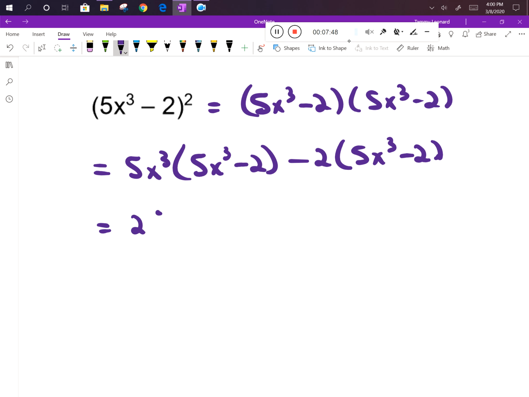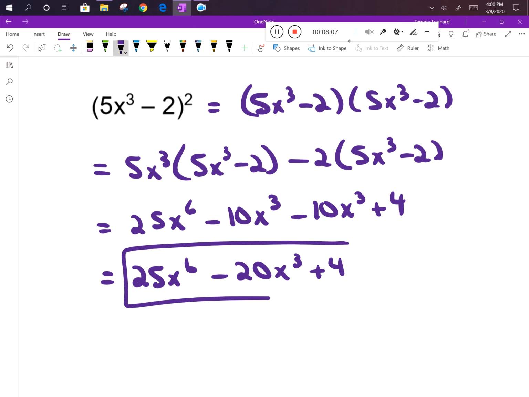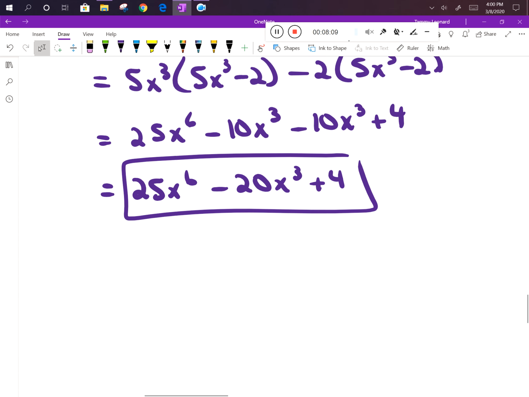This gives us 25x to the 6th minus 10x cubed minus 10x cubed plus 4. So 25x to the 6th minus 20x cubed plus 4 is our final answer in simplified form, and this is a 6th degree trinomial.